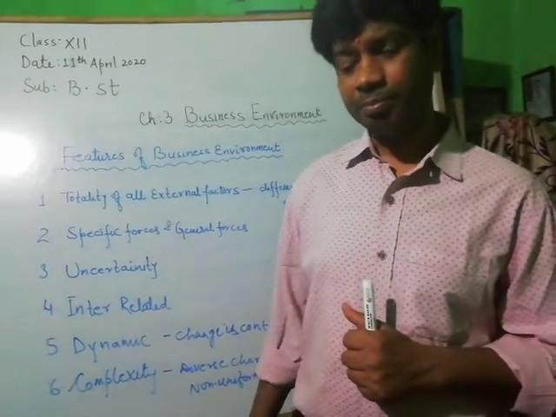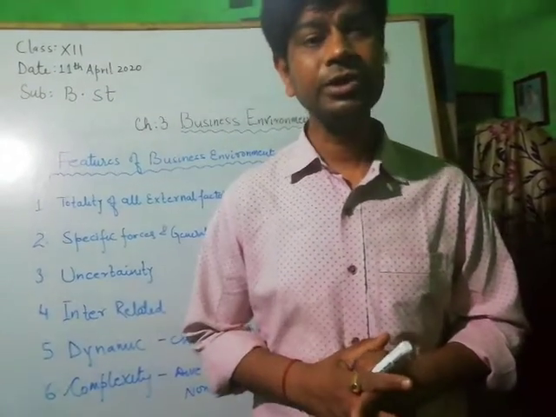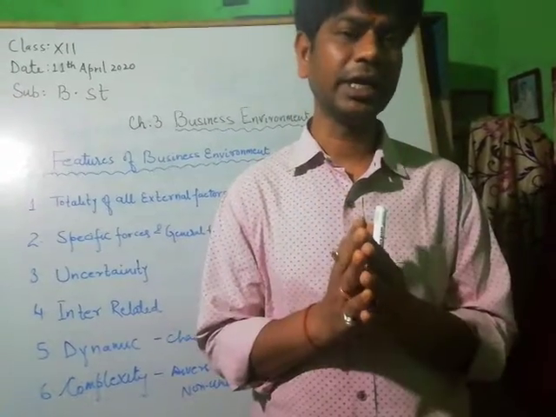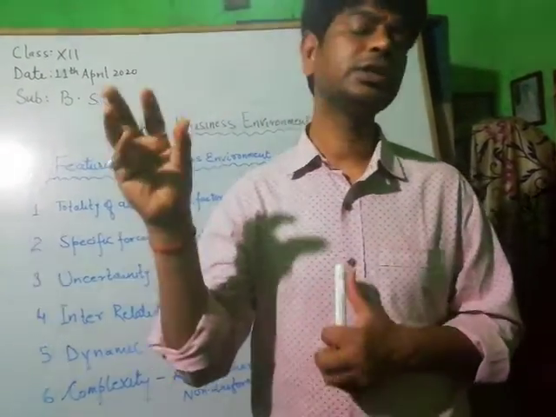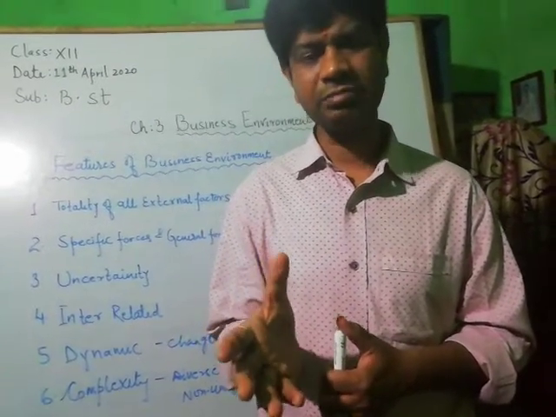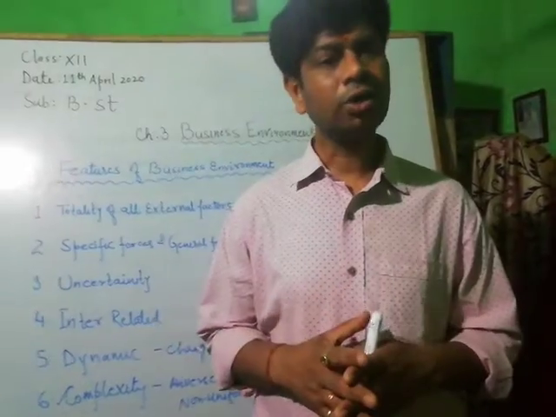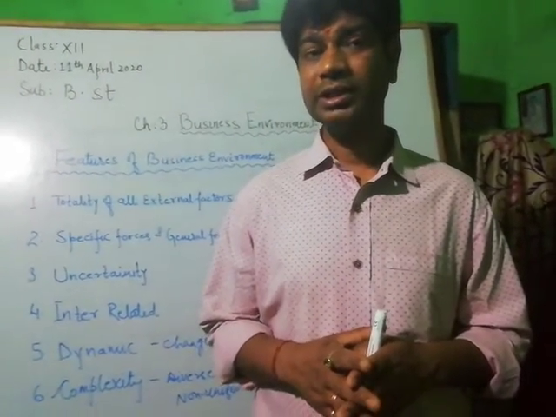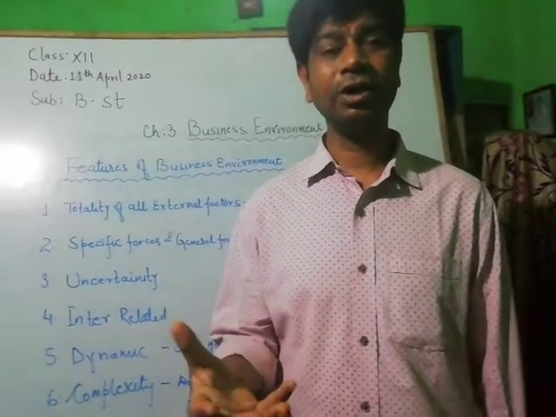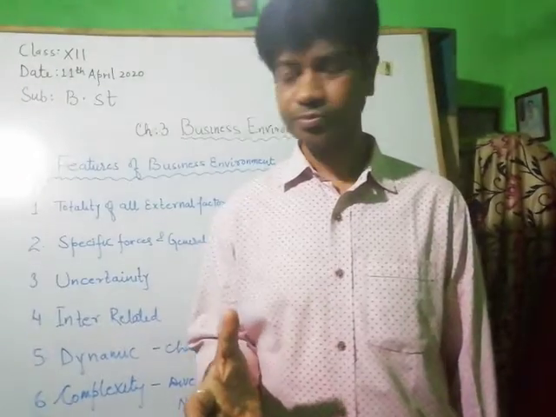So when we speak about business environment, we refer to the different components as an aggregate and in totality. We do not refer to each unit or each component separately. It is the totality of all the components with which the business interacts, and which affect the working of business.